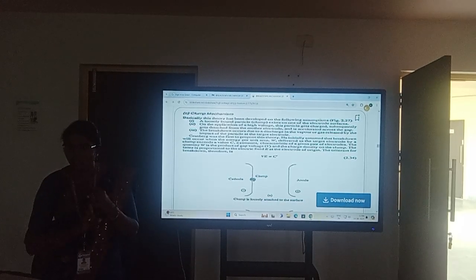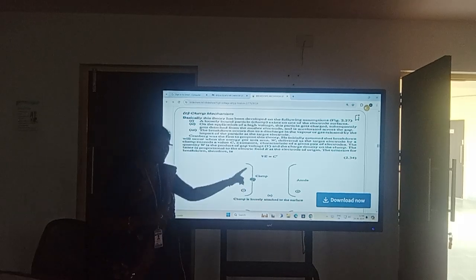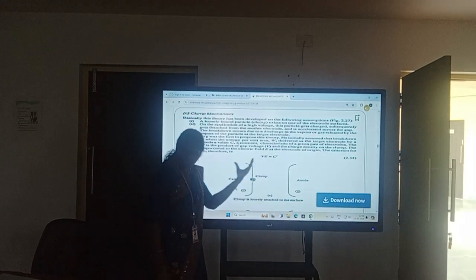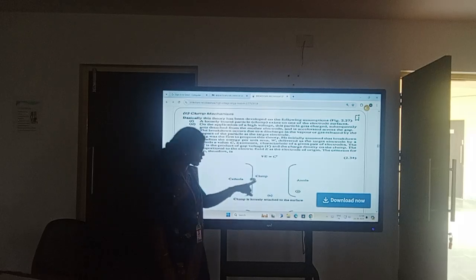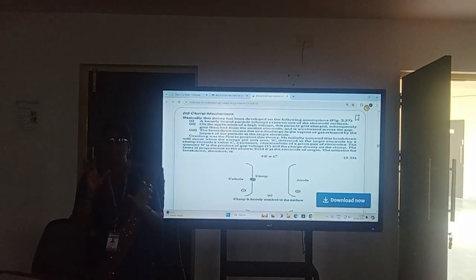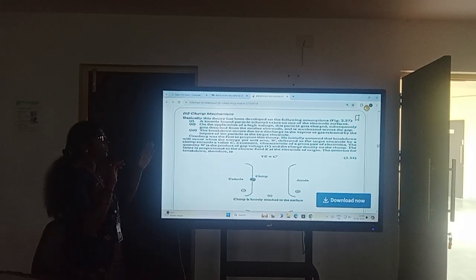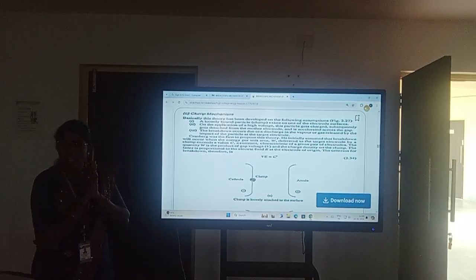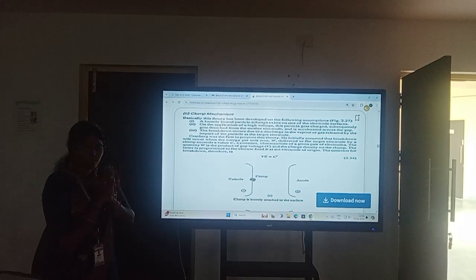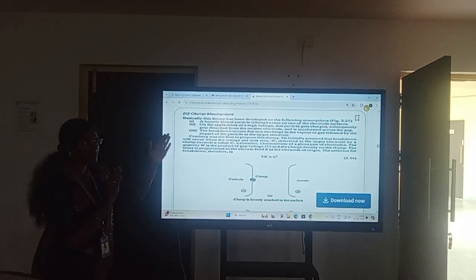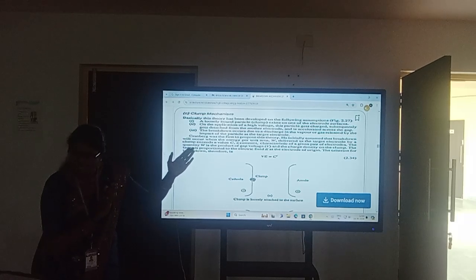At one electrode, meaning at any of these conductors, either cathode or anode, both are electrodes, right? These loosely bound particles are going to be present. That is the first assumption. The second assumption is that for applications of high voltage in a high vacuum state, these particles will get charged.